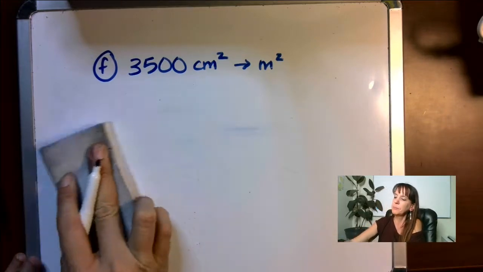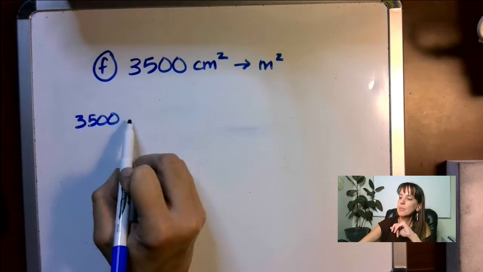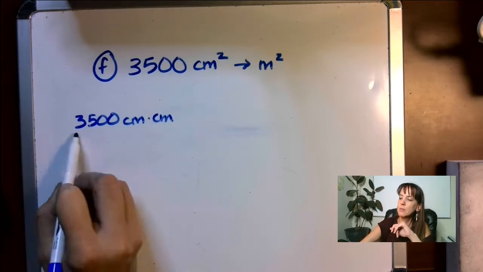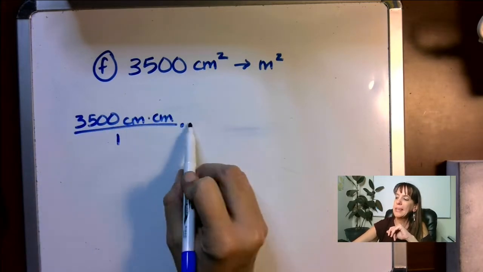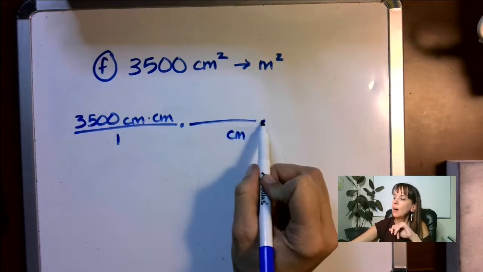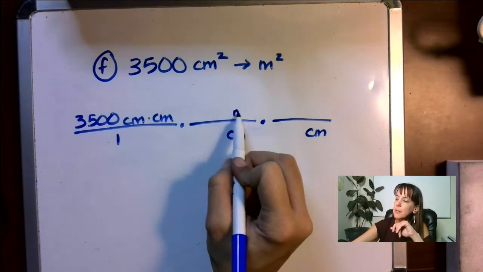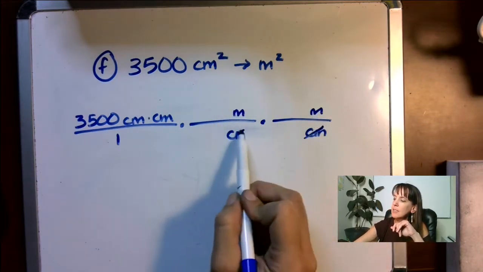So knowing that, let's go back up here. We have 3,500 centimeters over 1. I want to get rid of the centimeters, so they're going to go down here on the bottom. I'll do both of them at the same time. So I need to go from centimeters to meters, so already I can knock these guys out.